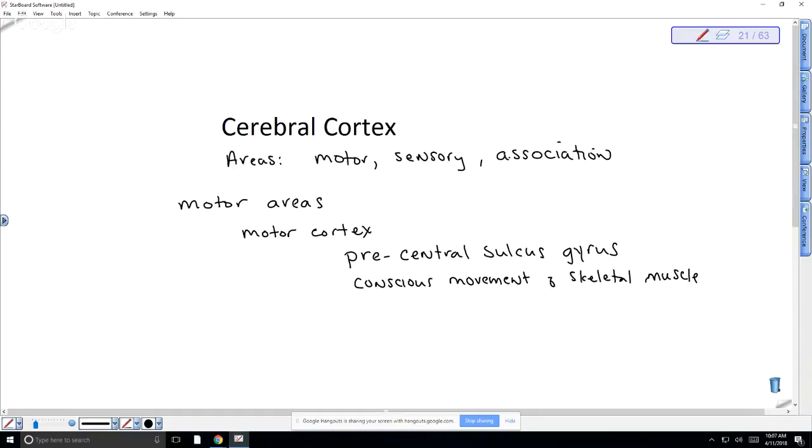And so if we were to look at a map of this, it is referred to as a homunculus. So a little human or a little man, right? So this is the mapping of movement to the cortex.